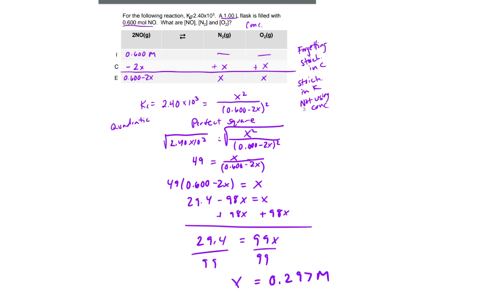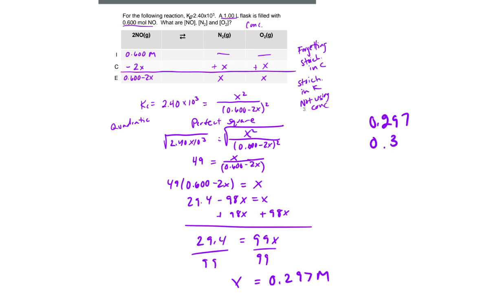Okay. So if you do the quadratic formula and you get two answers, sometimes one's positive and one's negative. Most likely you use the one that is positive, right? But you said your answers were 0.297 and 0.3? Yeah.